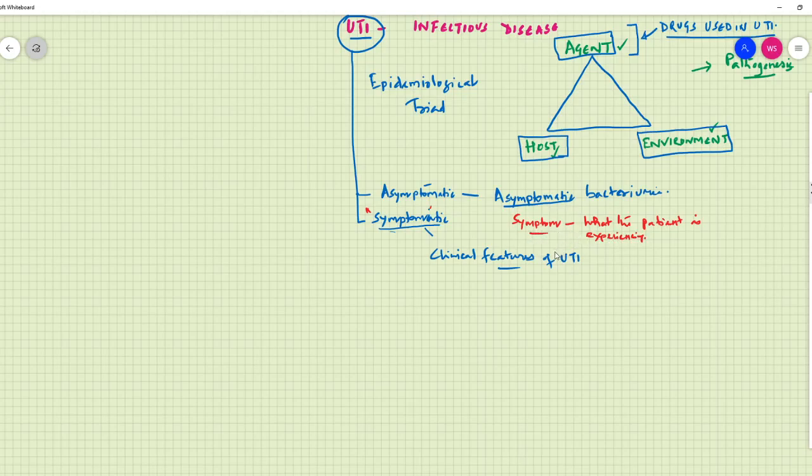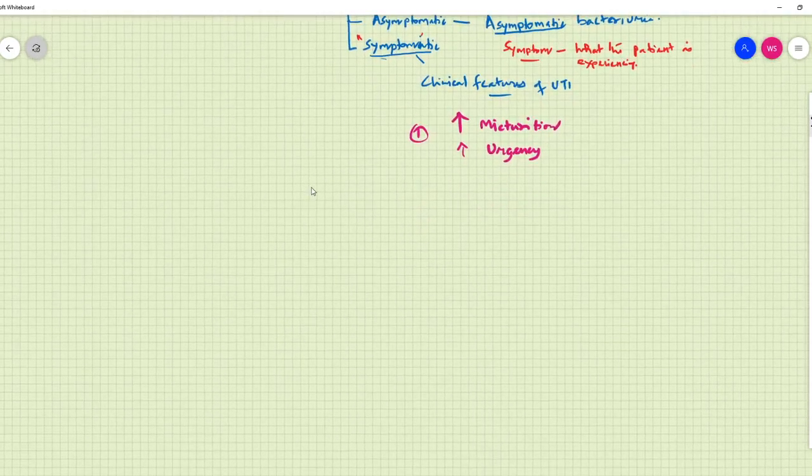The symptoms that the patient usually has are increased micturition, meaning increased urination, and the patient also feels increased urgency. So that could be one of the clinical features of UTI.